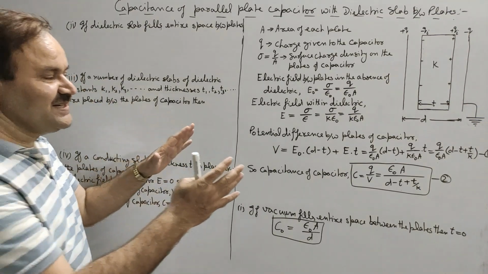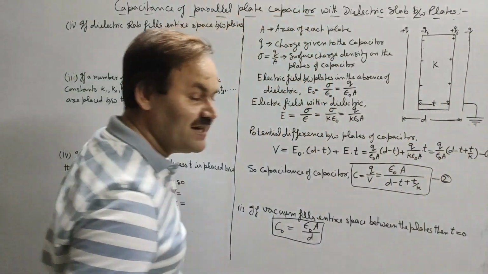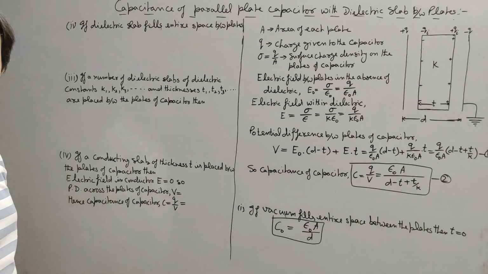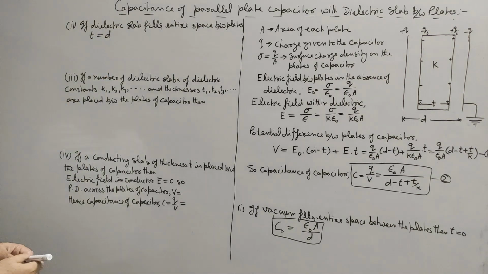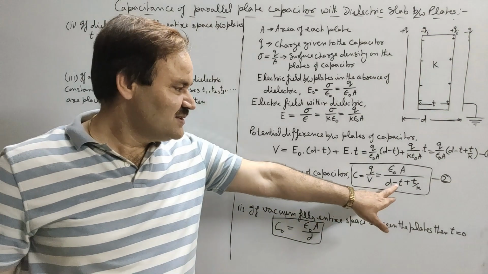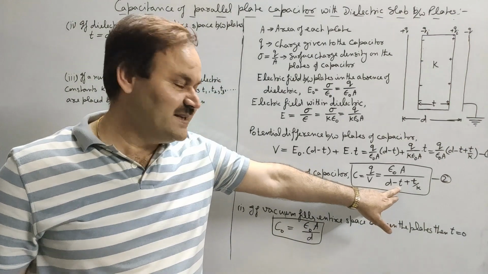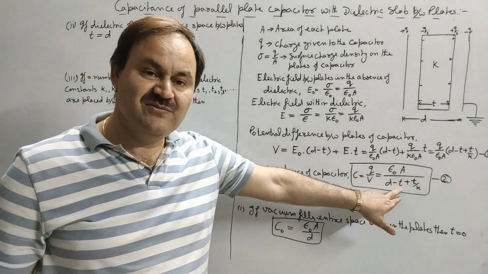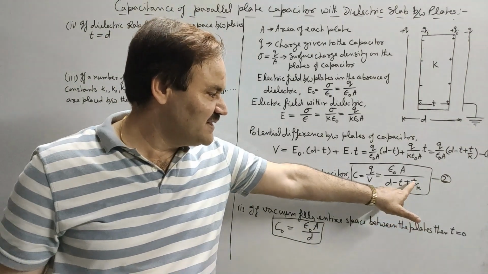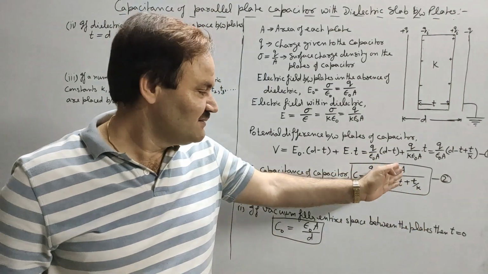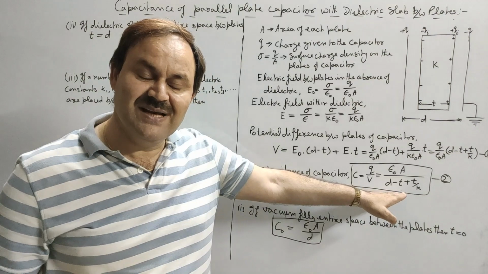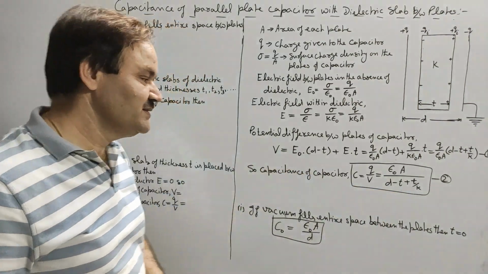If the dielectric fills the entire space between the plates of the capacitor, then t becomes equal to d, and t will be replaced by d. d minus d will be 0, and what is left is d by K, out of which K will come to the numerator, while in the denominator we will have d only.